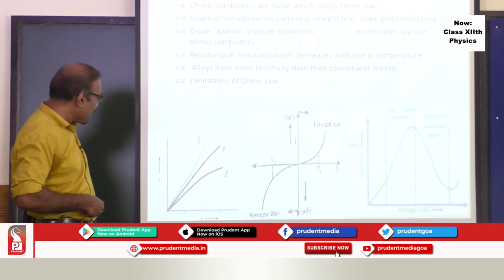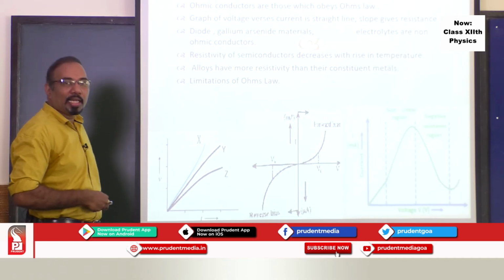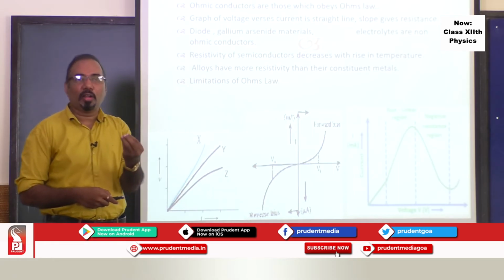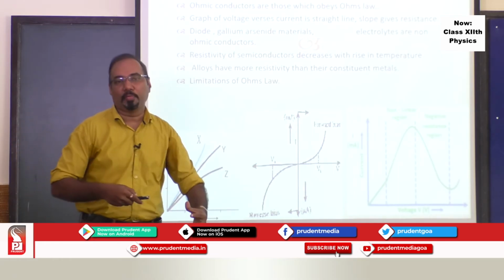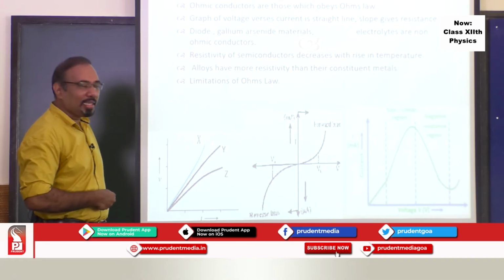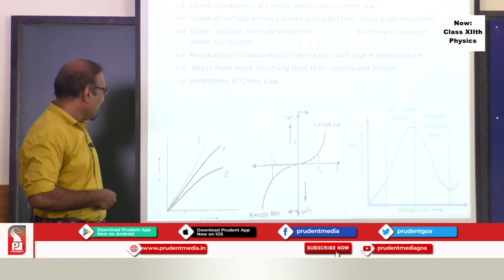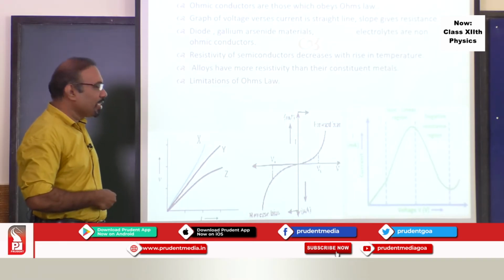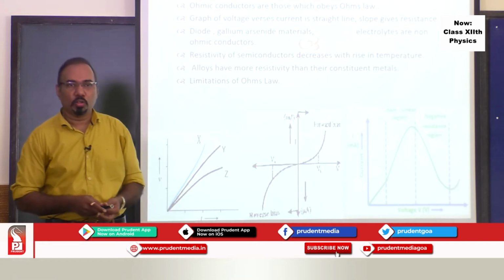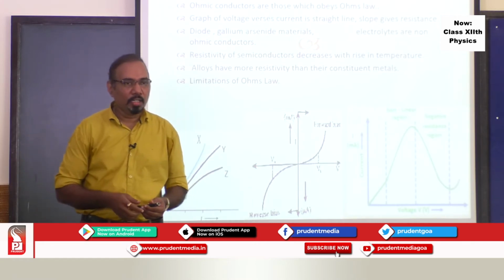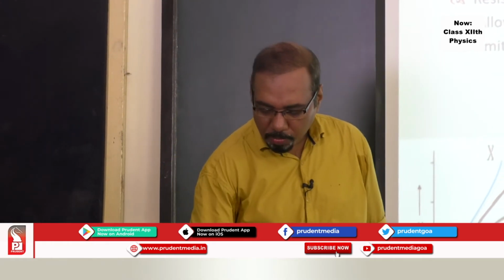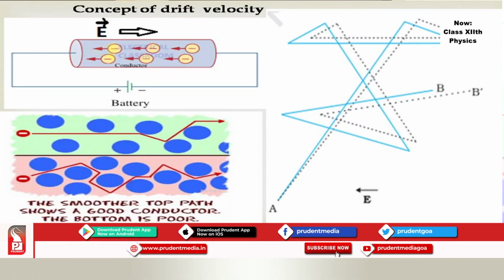So as you increase more current, the conductor gets heated. The electrons collide more with the metal ions, and that's the reason the linear graph of V versus I deviates from the standard one. That temperature dependence we are going to study in the topic ahead. So this is what exactly is meant by ohmic conductors and non-ohmic conductors.